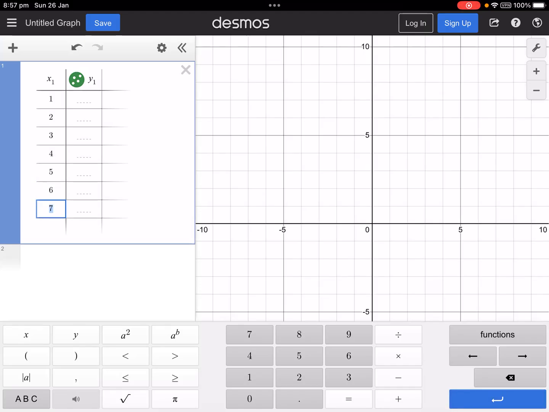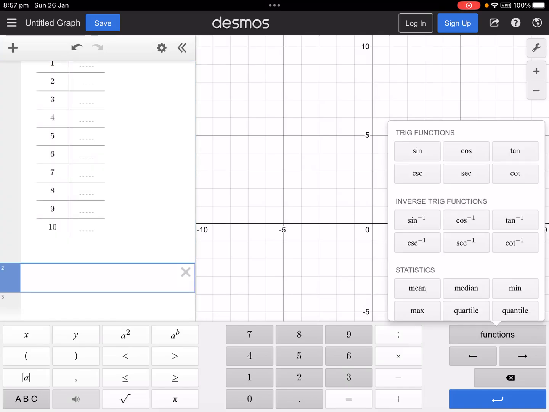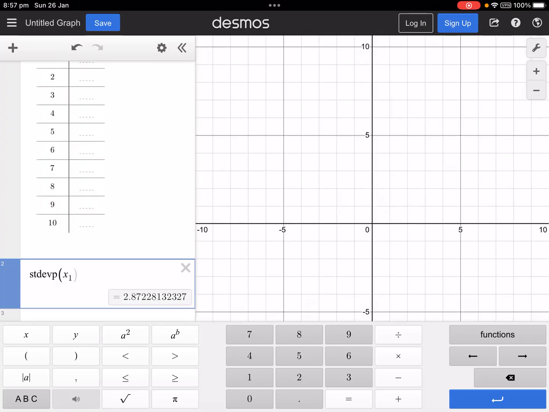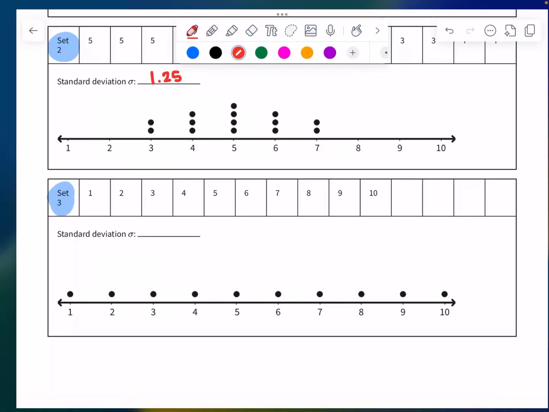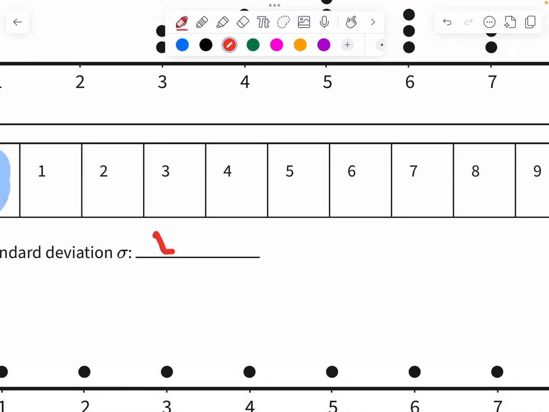And then I'll use the function standard deviation P, and then I'll have it reference X1. So my third standard deviation is 2.87. Okay, so let's go record that over here. 0.87.